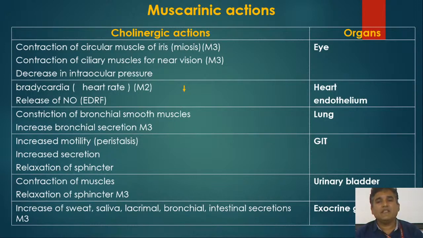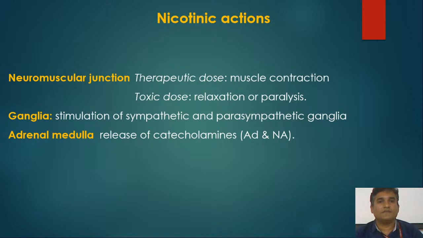In the GIT it increases peristaltic movement, increases GIT secretion, gastric secretion, relaxes the sphincter, and evacuation may occur. In the urinary bladder, contraction of the muscles, relaxation of the sphincter, and it acts on the glands, increasing the secretion of sweat glands, salivation, lacrimation, bronchial and other intestinal secretion, by acting on the M3 receptor.